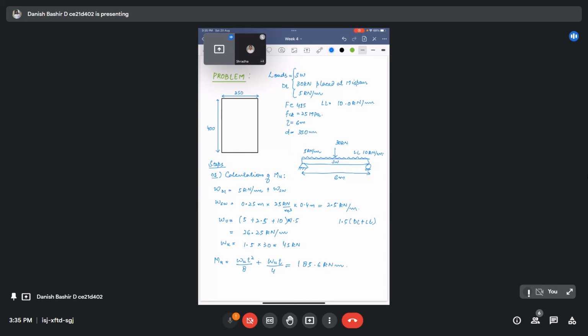We have arbitrarily taken 50 mm for the nominal cover for the time being. Later we will revise our calculations. So that our effective depth comes out as 350, 350 plus 50 is equal to gross depth 400.